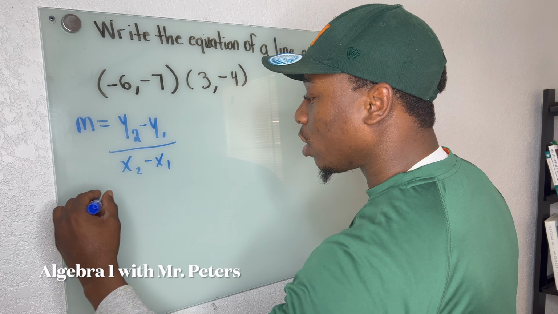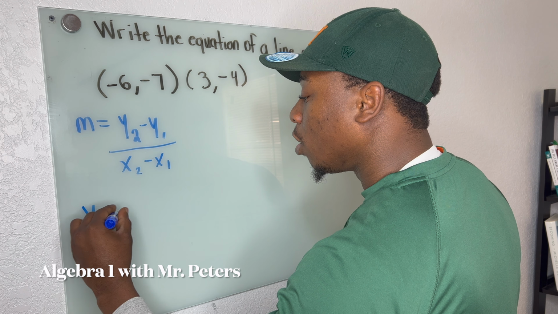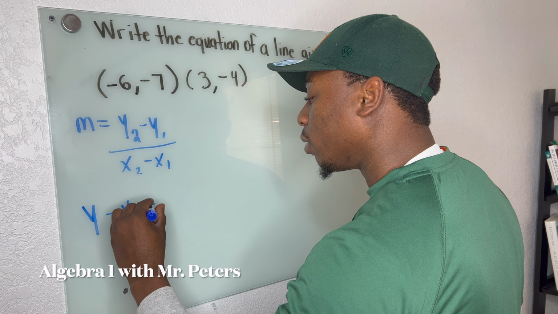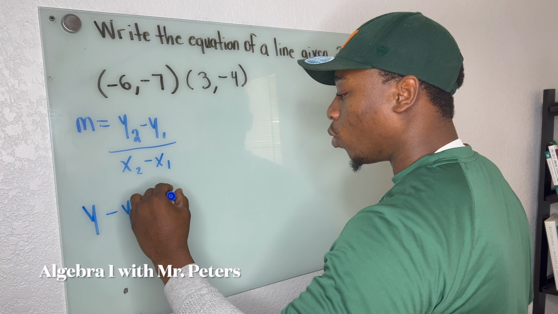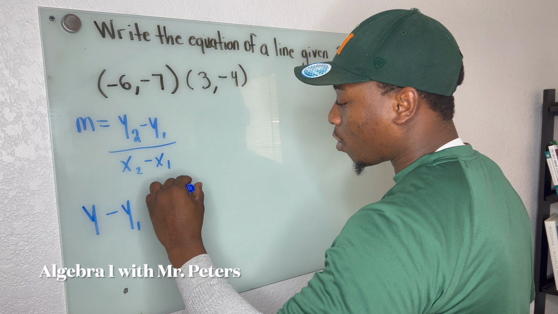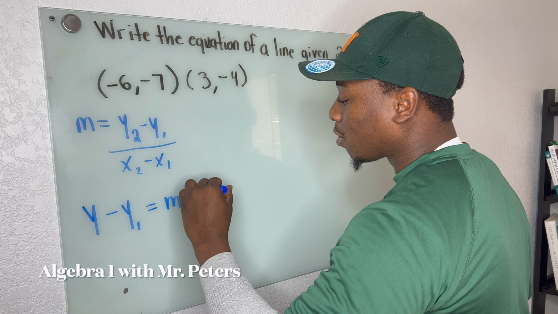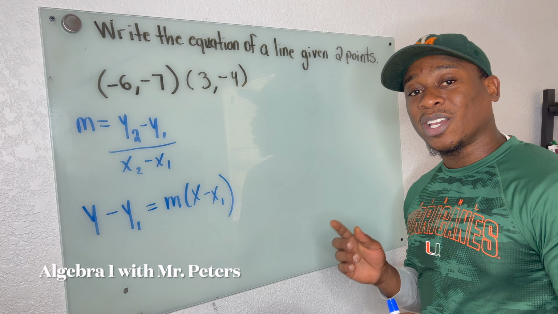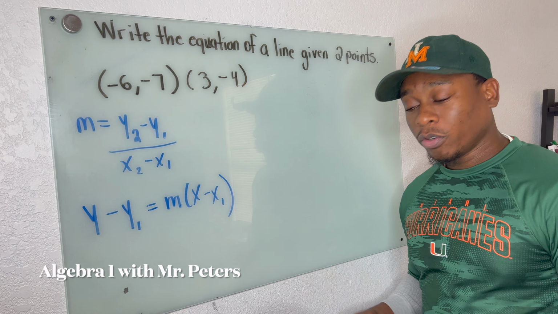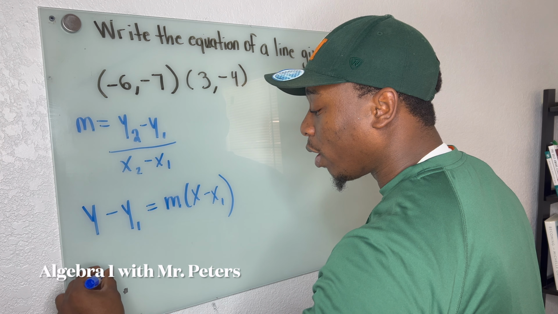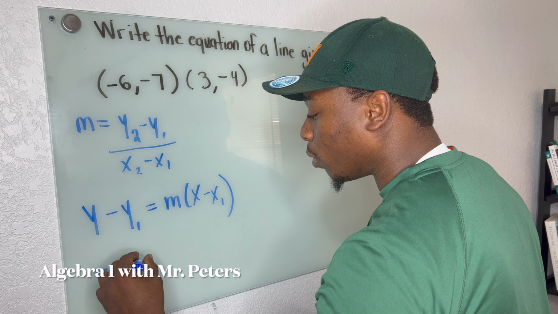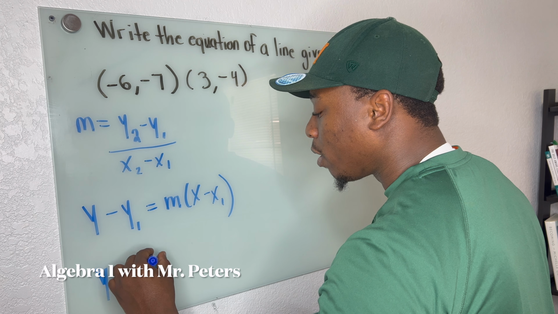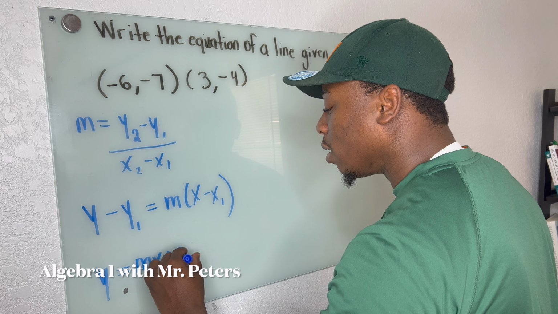The second equation that we're going to use is the point slope formula, which is y minus y1 is equal to m, and then in parentheses x minus x1. And then the very last equation that we're going to use for this problem will be just a regular slope formula. Y is equal to mx plus b.